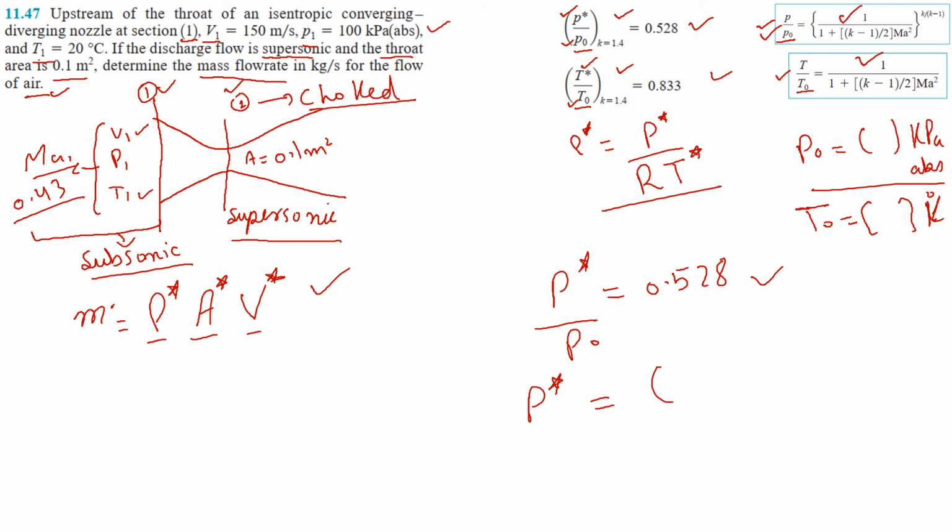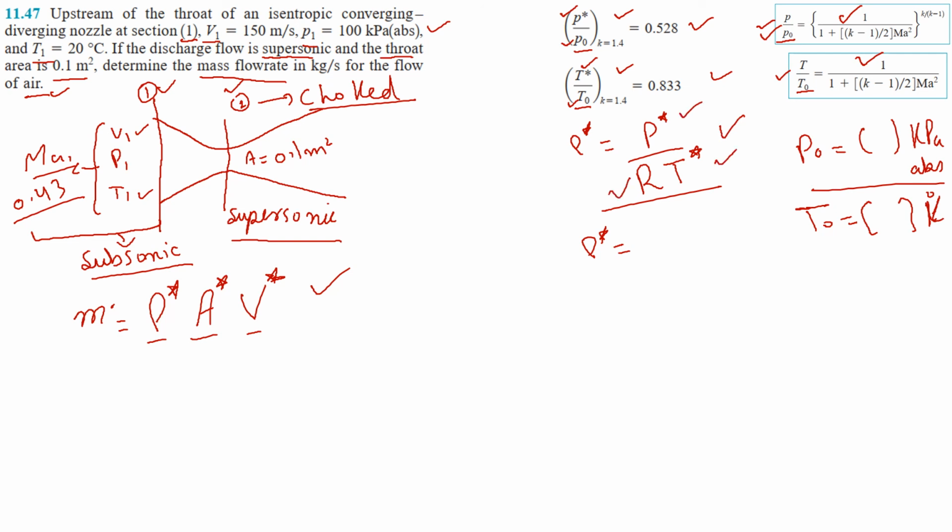So now what I am going to do, I know the area, I know the pressure, so I need to find the velocity as well. So for that purpose, first let's say we also find the critical density, and the critical density can be found by this formula, because now we know the critical pressure, the critical temperature, and the value of R is known.